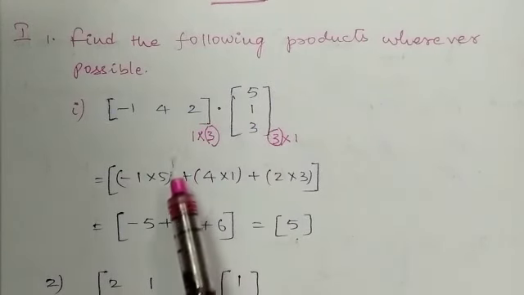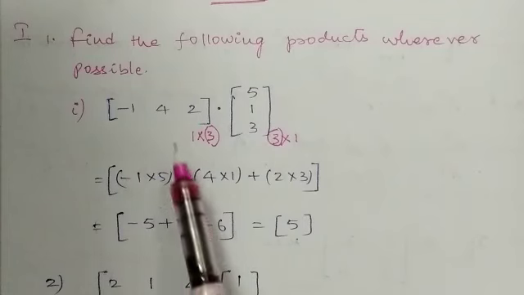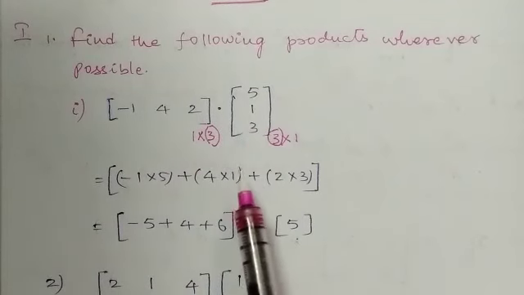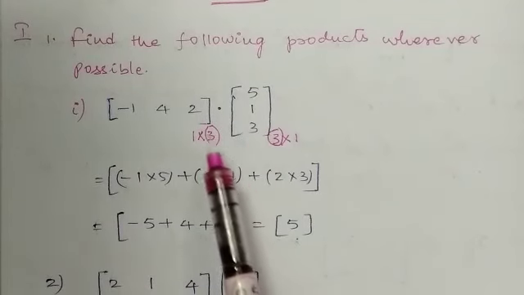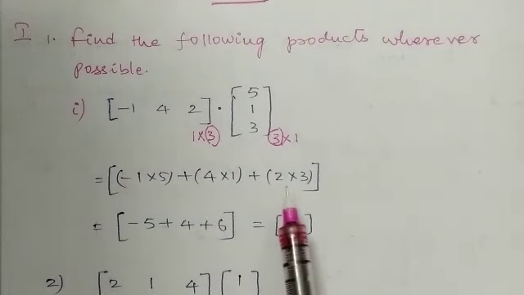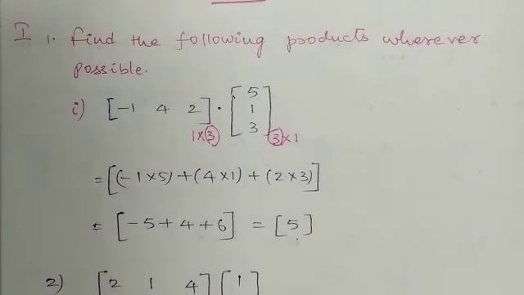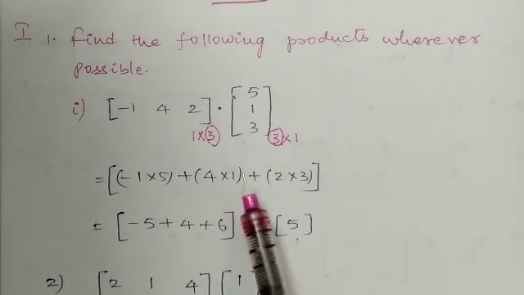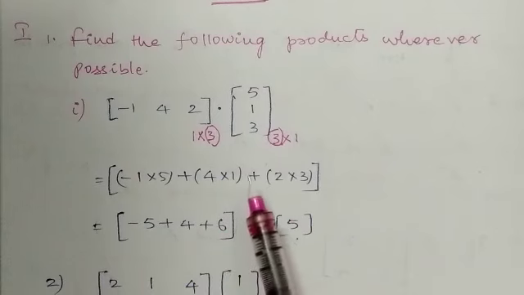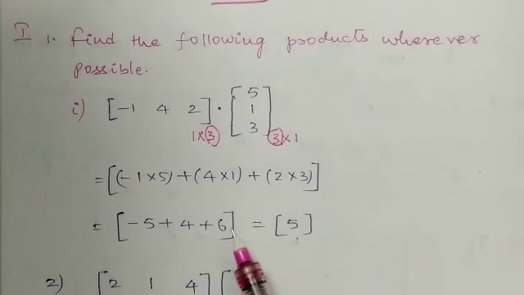-1 into 5 plus 4 into 1 plus 2 into 3. -1 into 5 is -5 plus 4 ones 4 plus 2 threes 6. 6 plus 4, 10 minus 5 is 5.